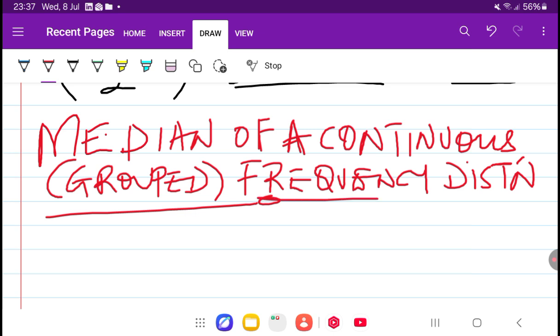Of course, the same way we have done that is the same way we are going to do this. The only difference, or the only additional part that we are going to have, is the fact that these are actually classes, and we shall need what we call the class boundaries.